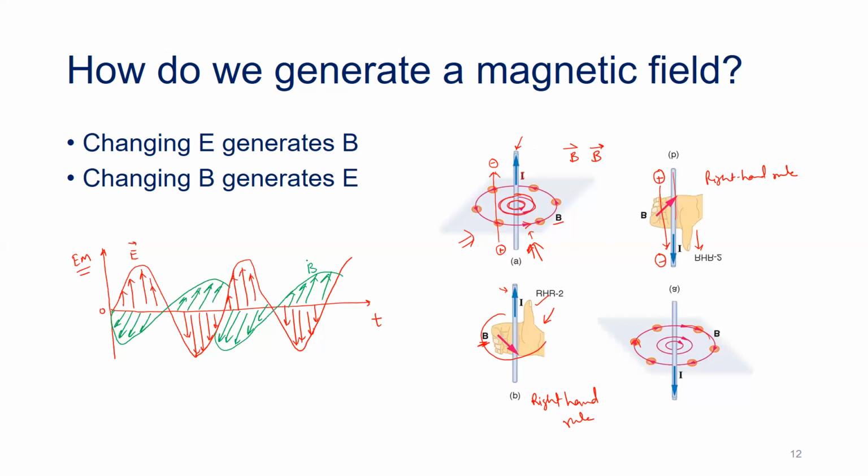So this is my B component. You see that the electric field and magnetic field are perpendicular or orthogonal to each other.